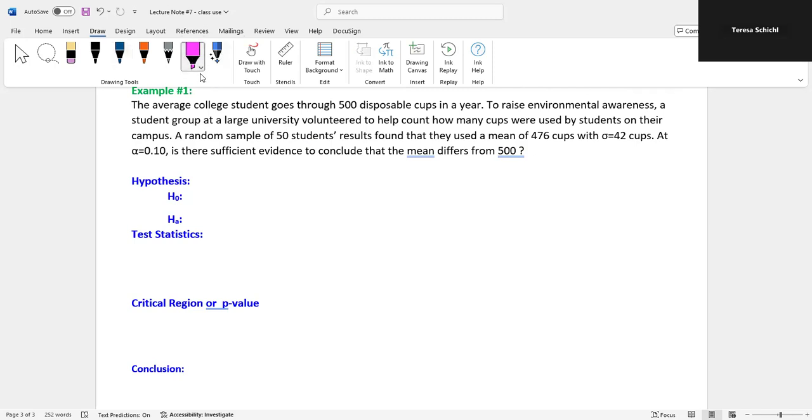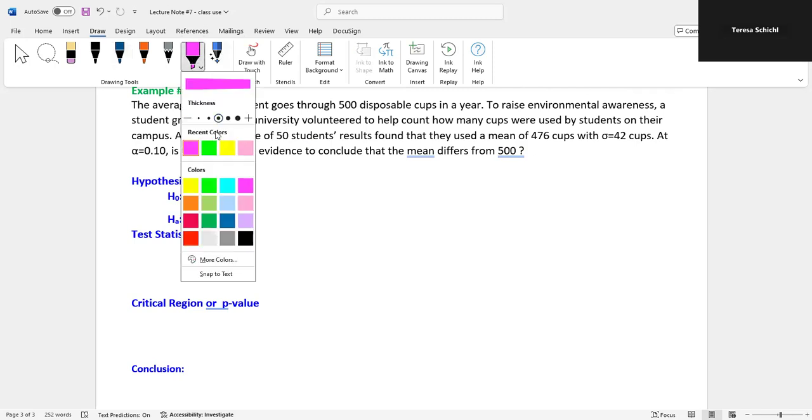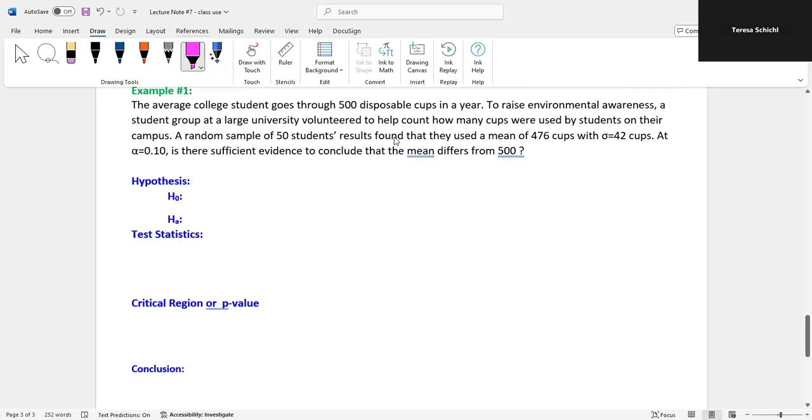Okay, so let's highlight the key information. All right. They think students go through 500 disposable cups. So they want to do a test. They take a random sample of 50 students. And from this sample, they give you a result: 476 cups.